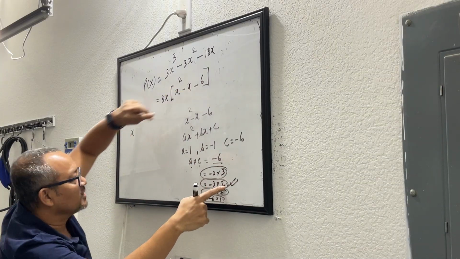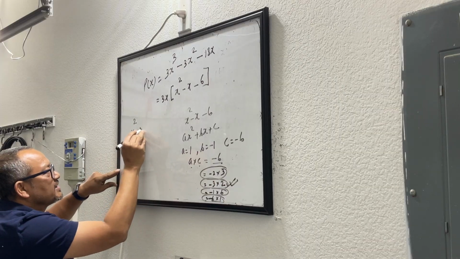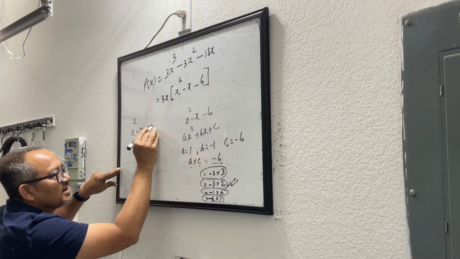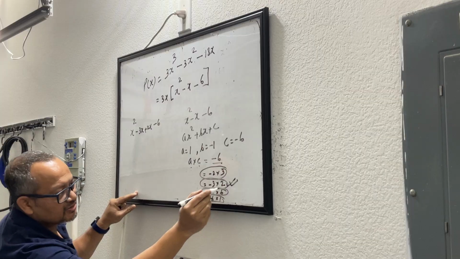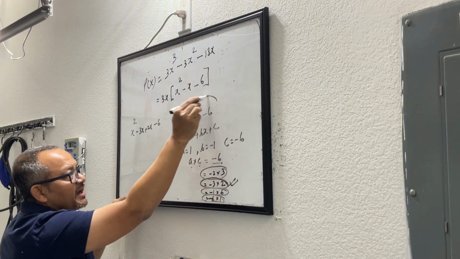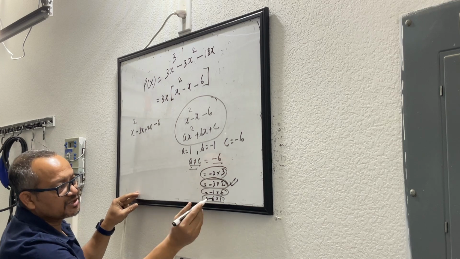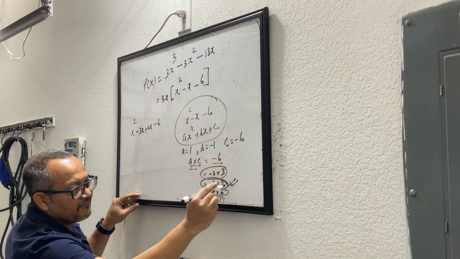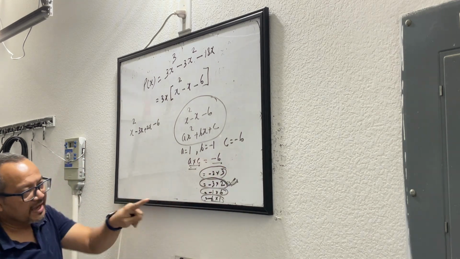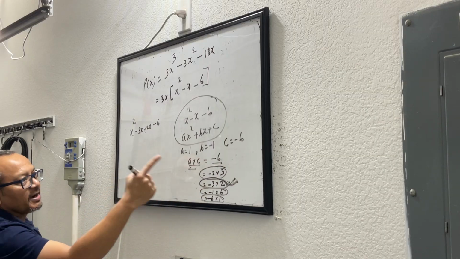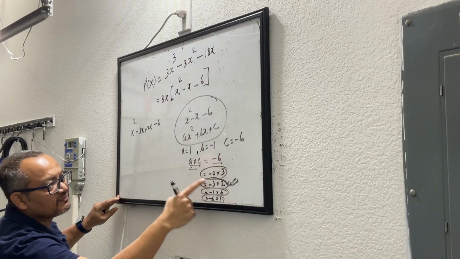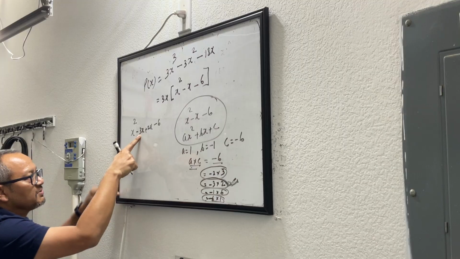So I can write this as minus 3x plus 2x minus 6. So this combination that we found by comparing this with the standard form of a quadratic equation and then doing this a into c was to figure out which combination I can pick up. And minus 3 into 2, so minus 3 and 2 is the combination which will give me a minus 1 here. So that's what we did.